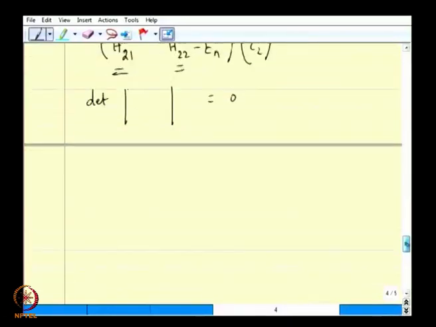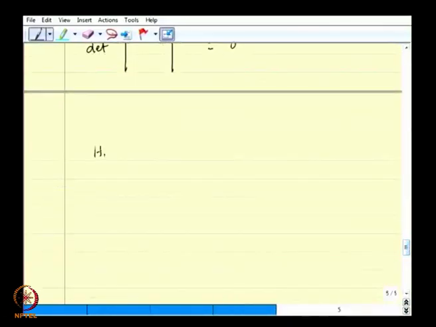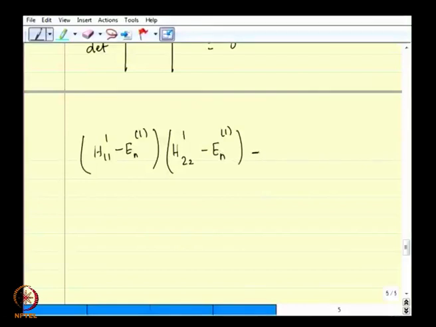The determinant is H111 minus En1 times H122 minus En1 minus H121 H211.